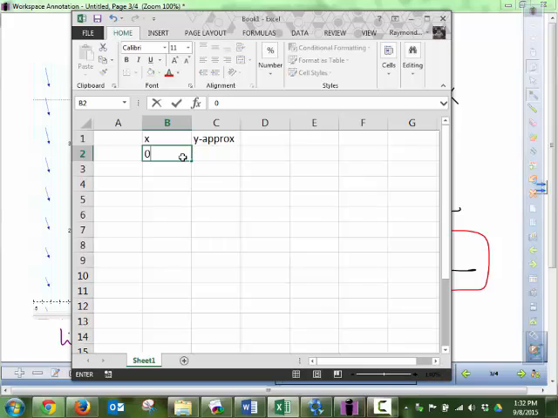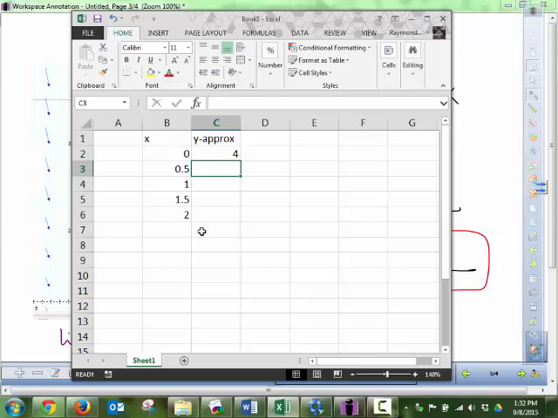I think I had starting off with 0, and I took a step of 0.5, and then I want to go all the way up to 2. So my first initial value is 4.